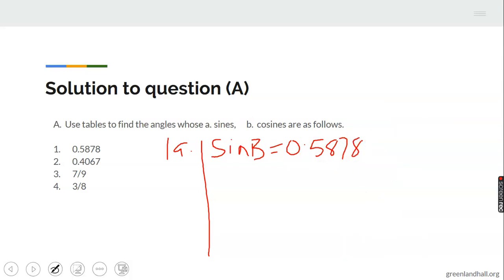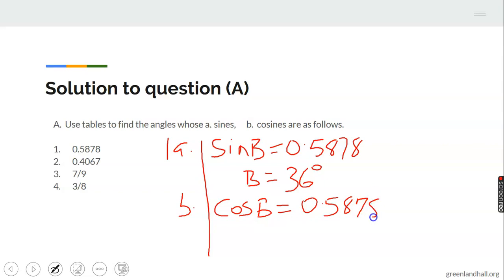When you check your sine table for 0.5878, you will find it under 36, that is 36 degrees. That is for sine. Then for cosine, cos B equals 0.5878, and you will see it under 54.